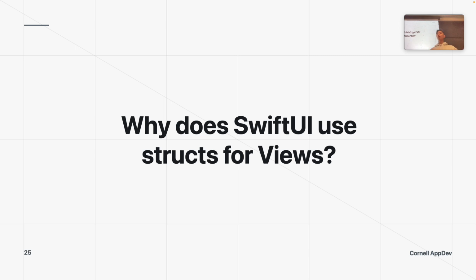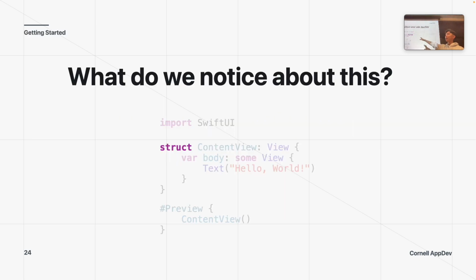Whenever we want to create this view, we would have to create an object of this class, provide all of its properties, set them to some value, and then we can do whatever we want with those views. But in SwiftUI's case, we don't use classes, we use structs. And as we know, structs are value types, whereas classes are reference types.